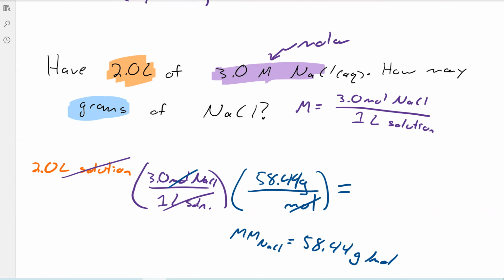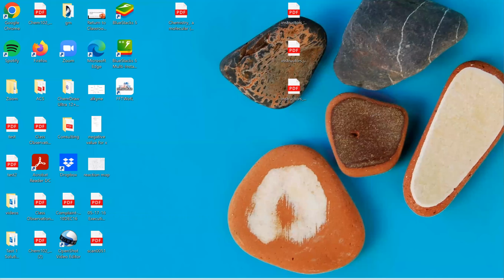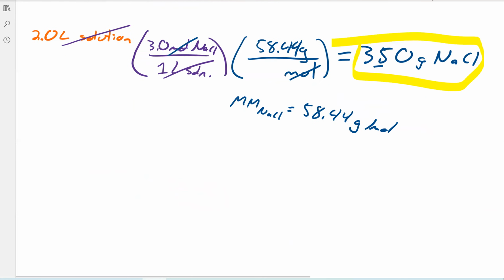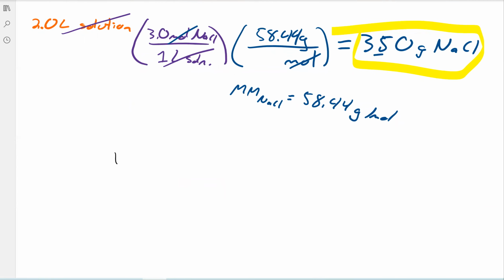Go ahead, plug and chug through this. So 2 times 3 times 58.44. We get about 350 grams of NaCl. Again, these are all just plug and chug and conversion type of problems.